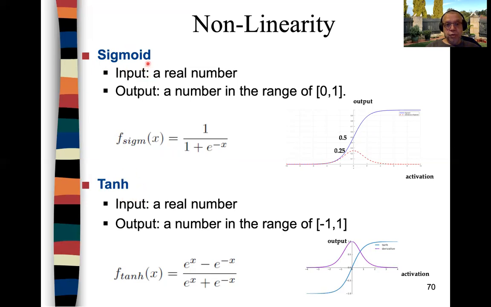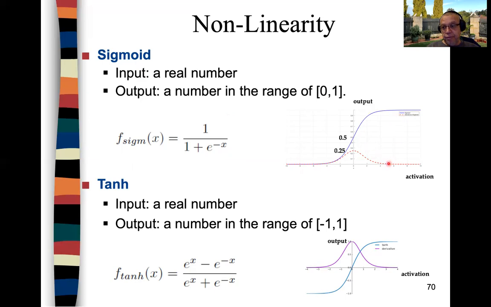Just to refresh our memory with the sigmoid, the input is a real number. So this should be Z or X, which corresponds to the activation, the sum of the weights multiplied by the inputs plus the bias. You feed it to this activation function, and the output for a sigmoid would be between 0 and 1.